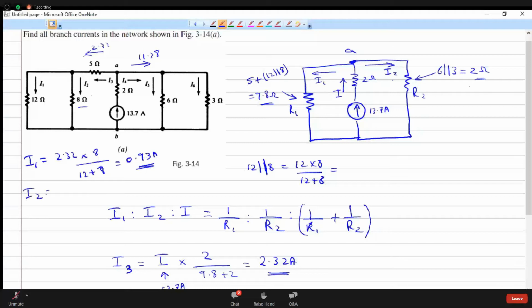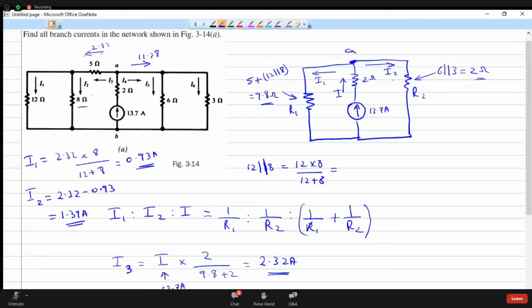Similarly, I2 is equal to 2.32. You can directly subtract also, since we already know that 2.32 is the incoming current. I2 is equal to 2.32 minus 0.93, so that will be equal to 1.39 ampere.